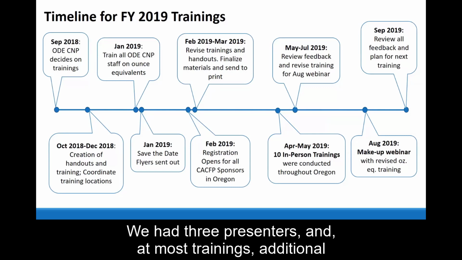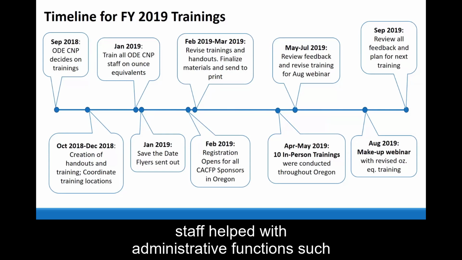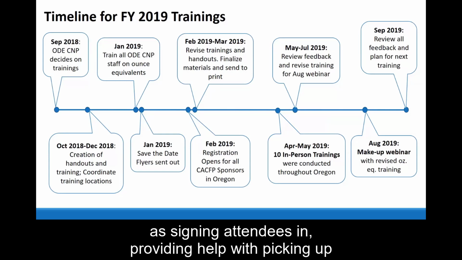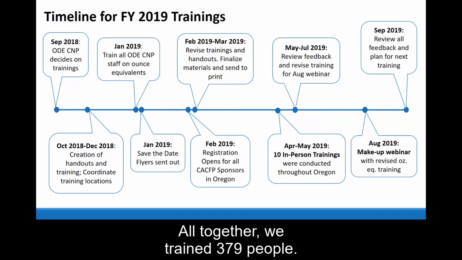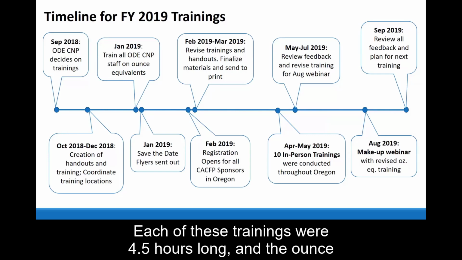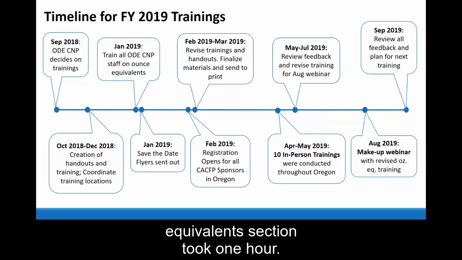We had 3 presenters, and at most trainings, additional staff helped with administrative functions, such as signing attendees in, providing help with picking up all handouts and supplies, and collecting questions. Altogether, we trained 379 people. Each of these trainings were 4.5 hours long, and the ounce equivalent section took 1 hour.